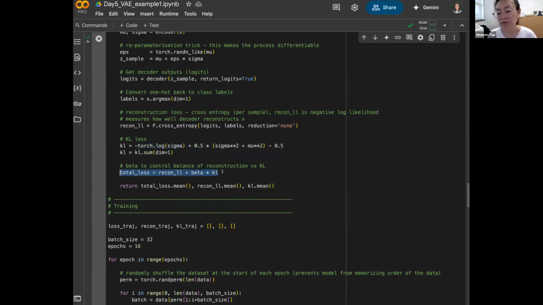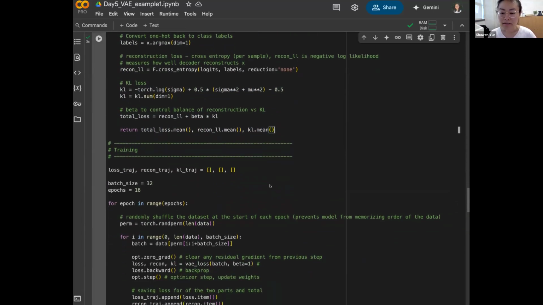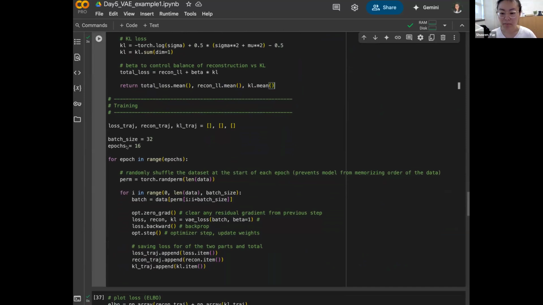We're going to add those two loss components together, and print all three so that during the training process we can track how each of the two contributions to the total loss is doing.